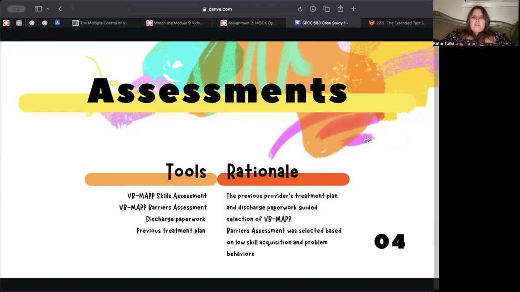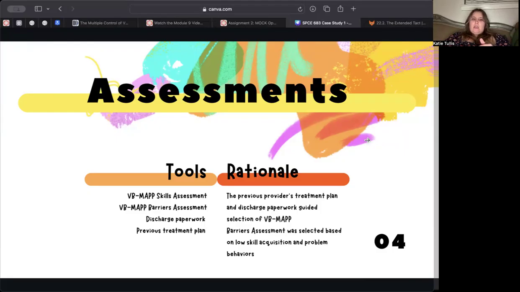The rationale for these assessments and these tools was that he was a client that came to us from another ABA center, so we did have to review the paperwork and previous treatment plan, to see where he was at previously and what behaviors they were focusing on and what skills they had been previously targeting.